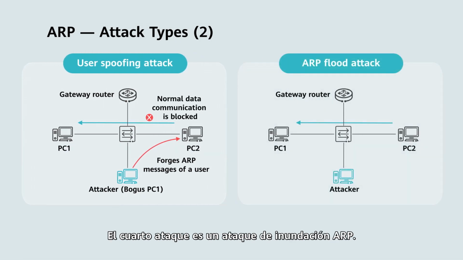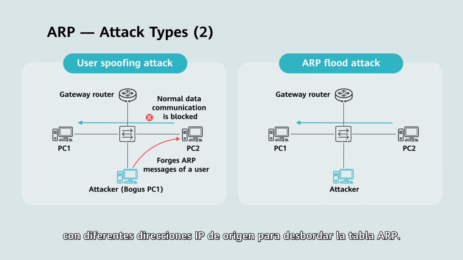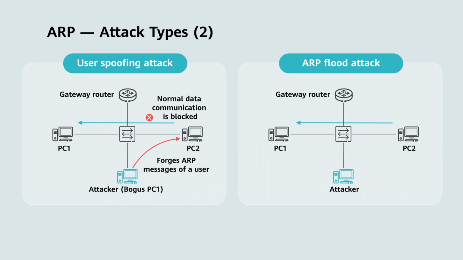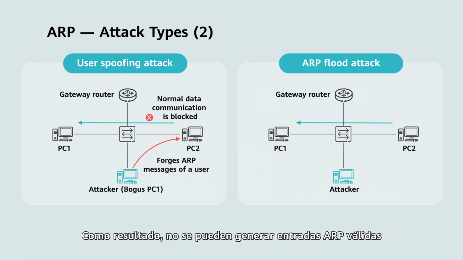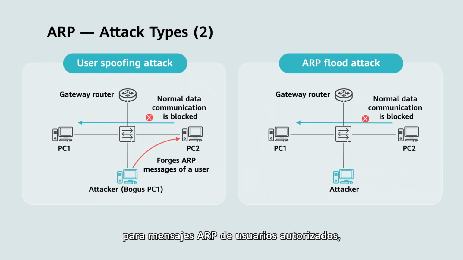The fourth attack is an ARP flood attack. In one version of this attack, an attacker forges a large number of ARP messages with varying source IP addresses to overflow the ARP tables. As a result, valid ARP entries cannot be generated for ARP messages of authorized users, interrupting communication.